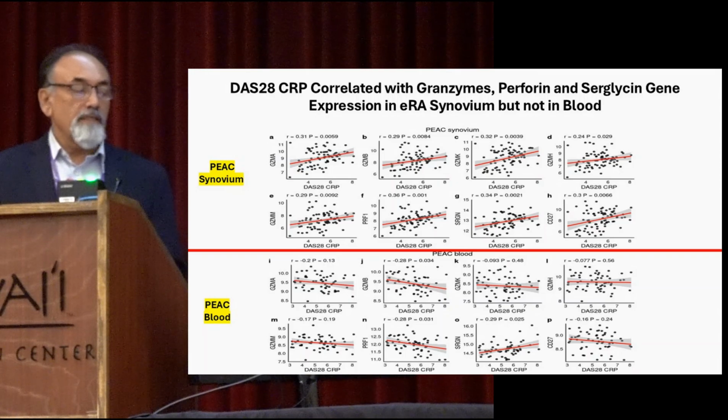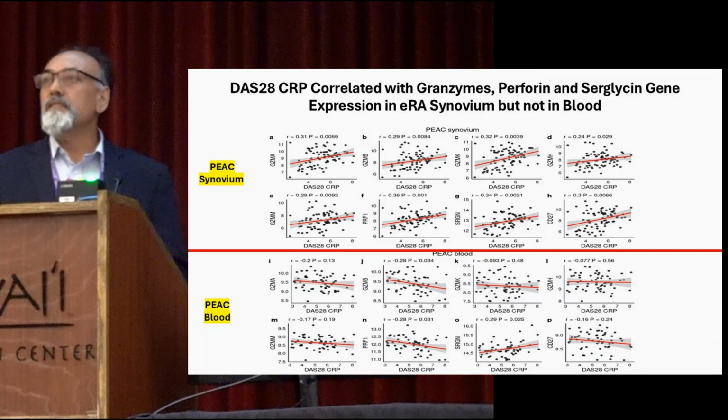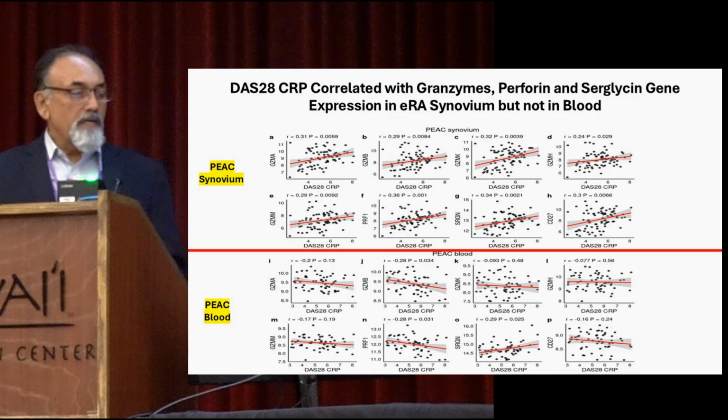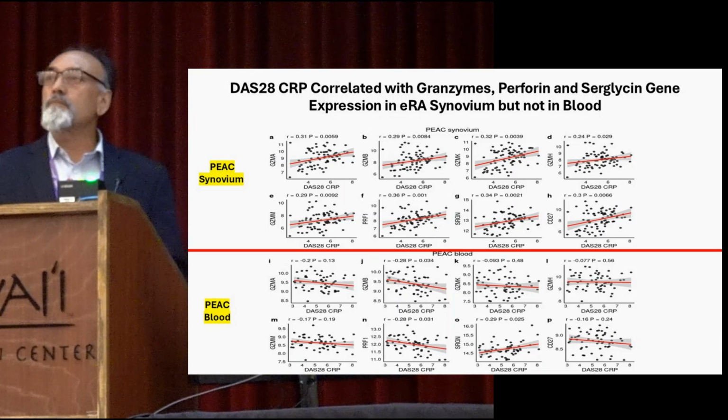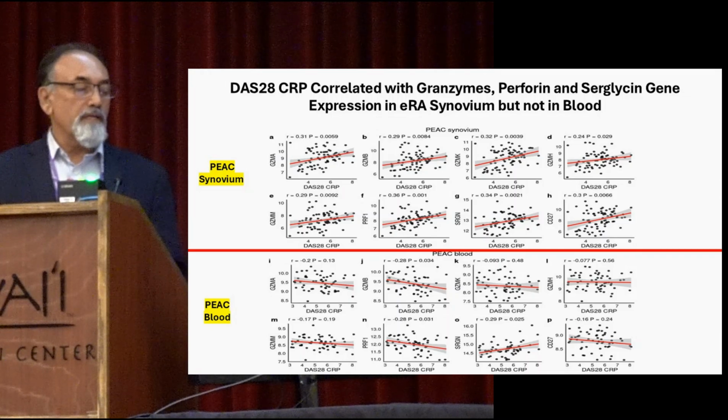We also looked at the second measure, DAS28 C-reactive protein. C-reactive protein is a marker of inflammation, mainly generated by the liver. And here we found there was also a positive correlation between DAS28 C-reactive protein and all the enzymes in the early RA synovium.